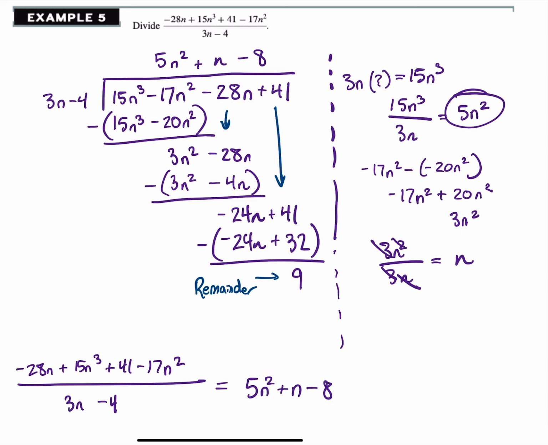But we still have this remainder, so I'm going to write it as plus the remainder over what we were originally dividing by, 9 over 3n minus 4. So if you have some remainder, you just write it as your last term over what was originally on the outside, what you were originally dividing by.